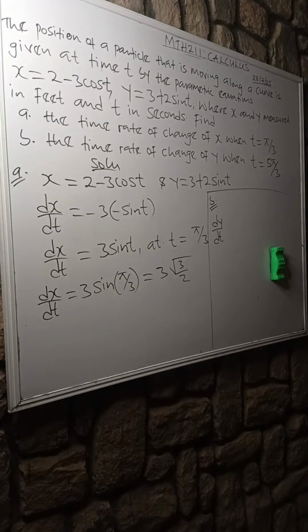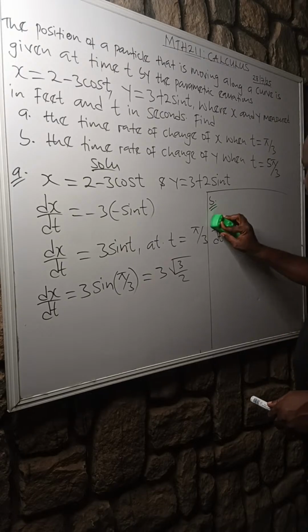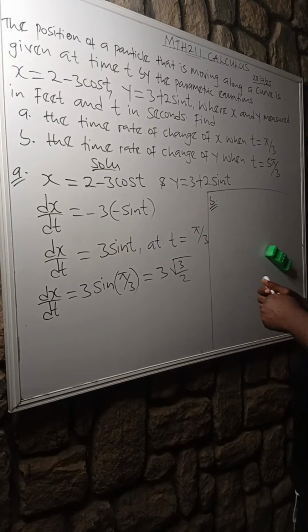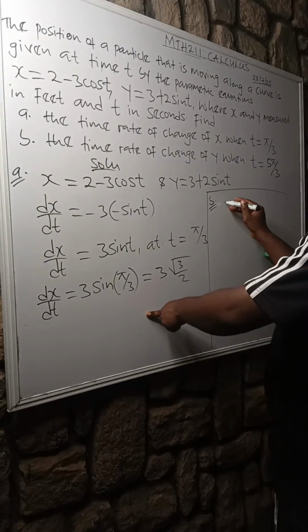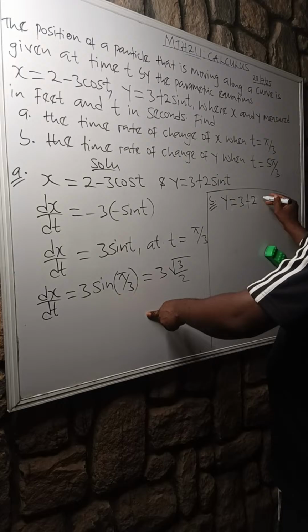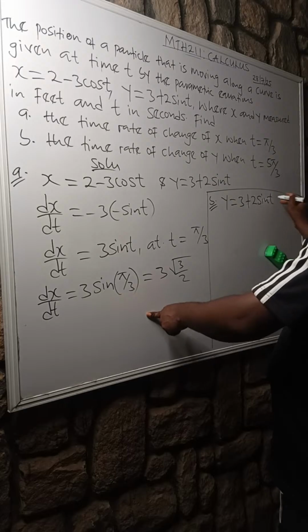Okay. So if you are following, attendance is mandatory, very important. So if you are following, this implies that we have to differentiate this function, that is y is equal to 3 plus 2 sine t.